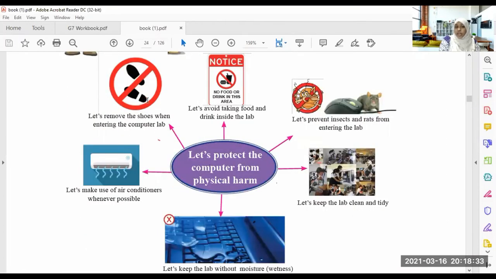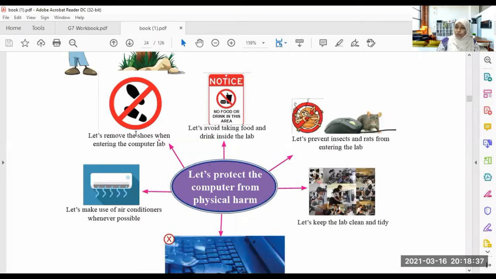First one, let's remove the shoes when entering the computer lab. When you are entering the computer lab, you should remove your shoes and enter. Why remove the shoes? Because if you put on your shoes and come into the computer lab, then dust can be gathered, right?